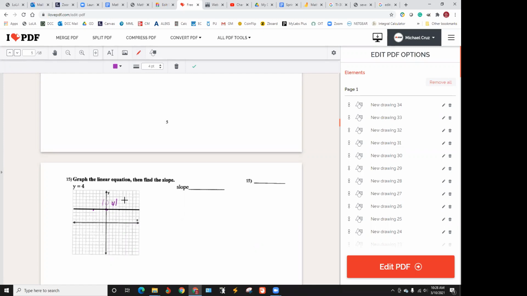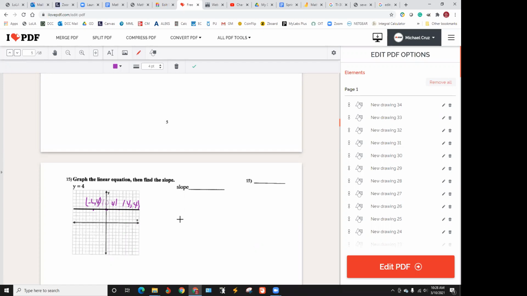This one right here would be 4, 4. And this is negative 4, 4. The only thing that's changing is the x. The y is the constant value 4.